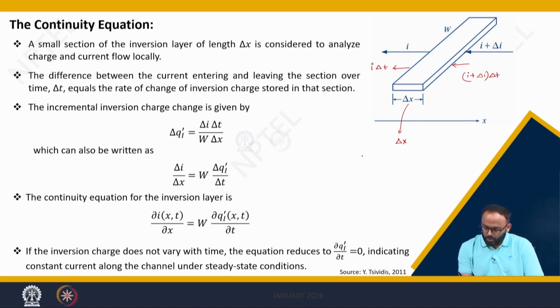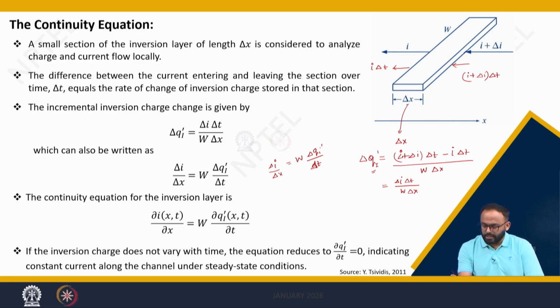Thus the total charge piled up in this chunk of inversion length is delta q, or delta Qi dash, equals (I plus delta I) into delta t minus I delta t, divided by W into delta x, because you are getting the charge per unit area. So this gives delta I delta t divided by W into delta x, and hence we can write delta I by delta x equals W into delta Qi divided by delta t.